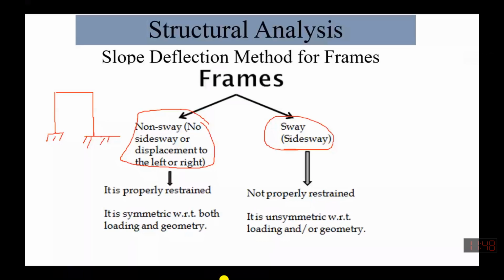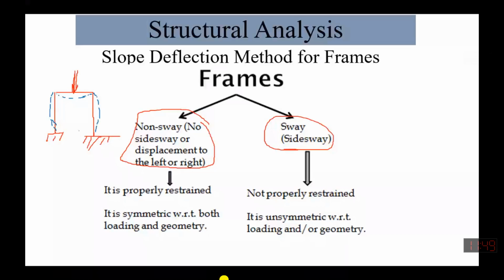So if we have a frame and we apply a load on it, there is a load in the middle. If we apply the load, its deflected shape will be something like this.